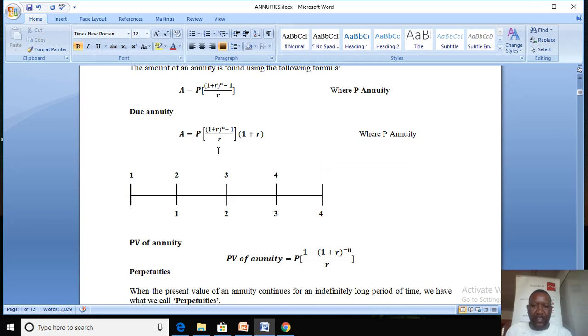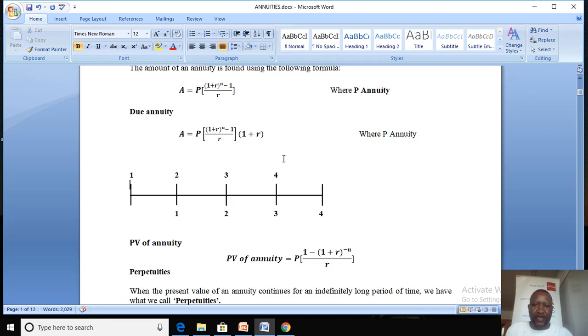This is the reason why, after we calculate the total amounts paid up to that point, we have to multiply everything by 1 plus R. So 1 plus R is compounding for the last 1 year that your money will be in the account.